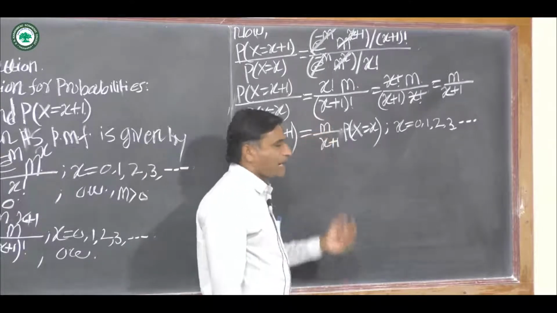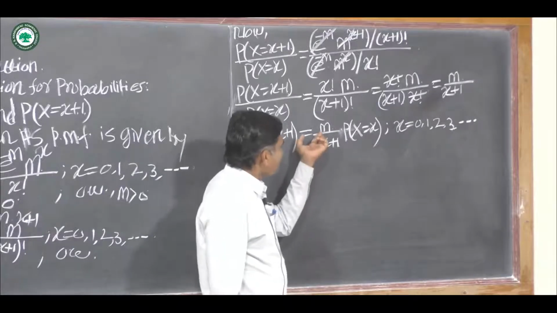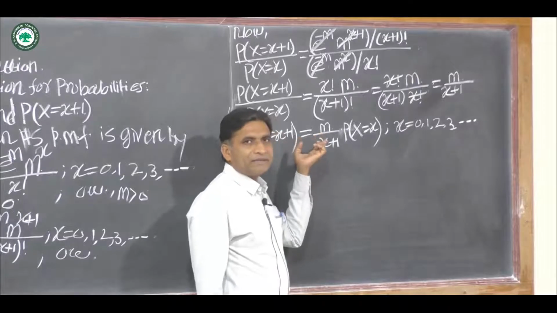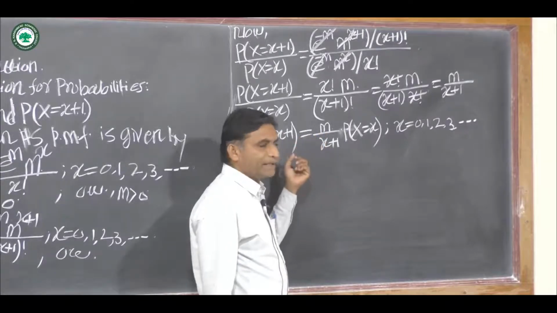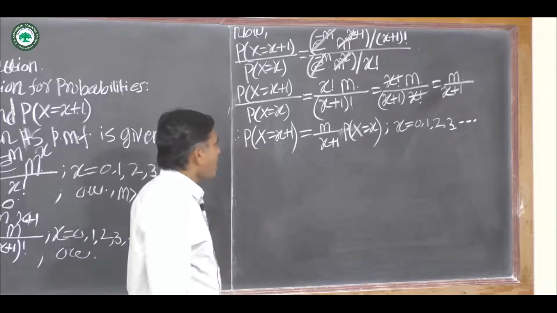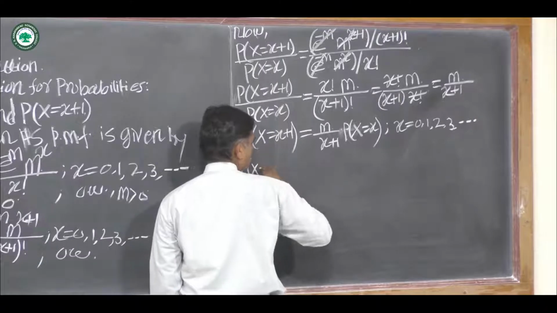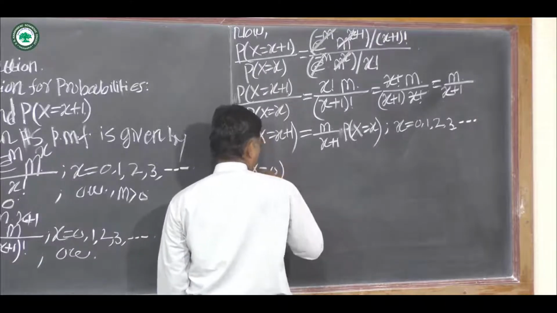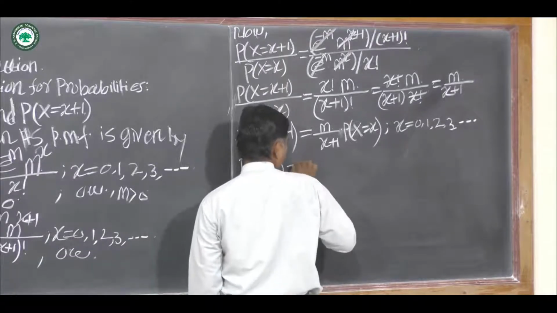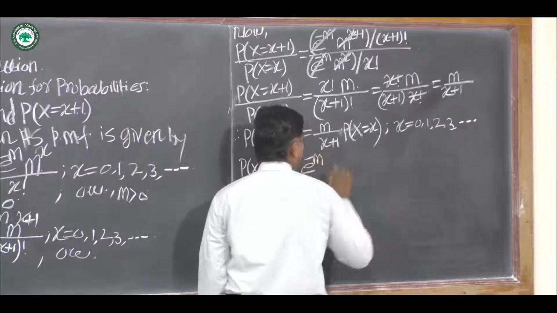This m is the parameter which is constant. If m is known or it is estimated by using the given data, then the probability of x equal to 0 is equal to e raised to minus m.